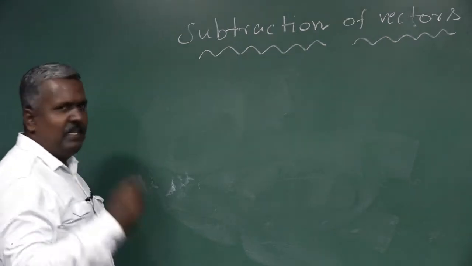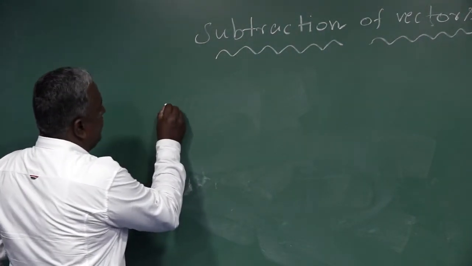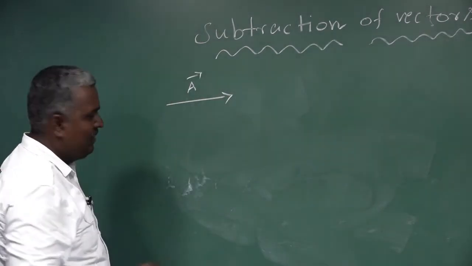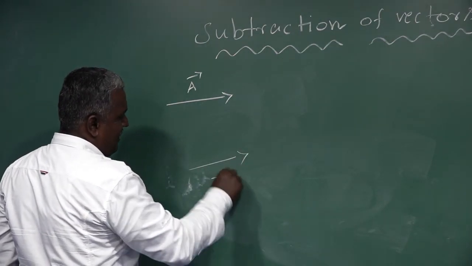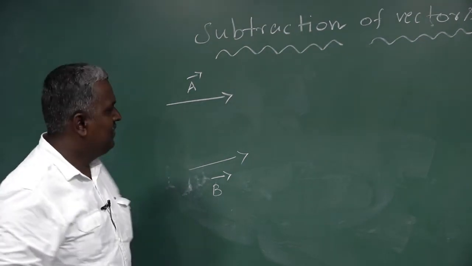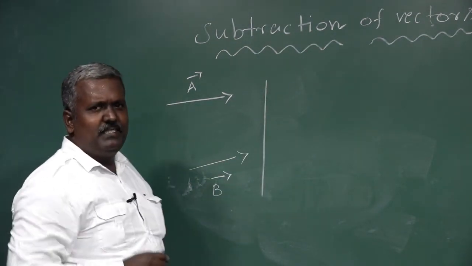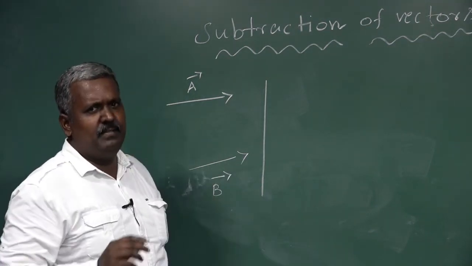First, let us consider 2 vectors, A vector and B vector. These 2 vectors are inclined at an angle theta.